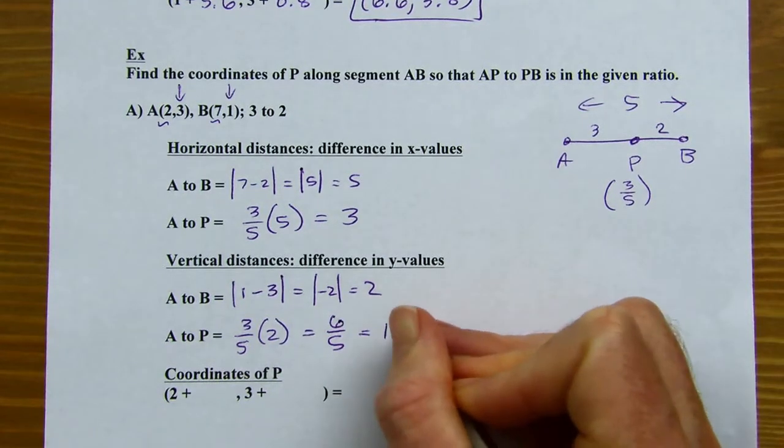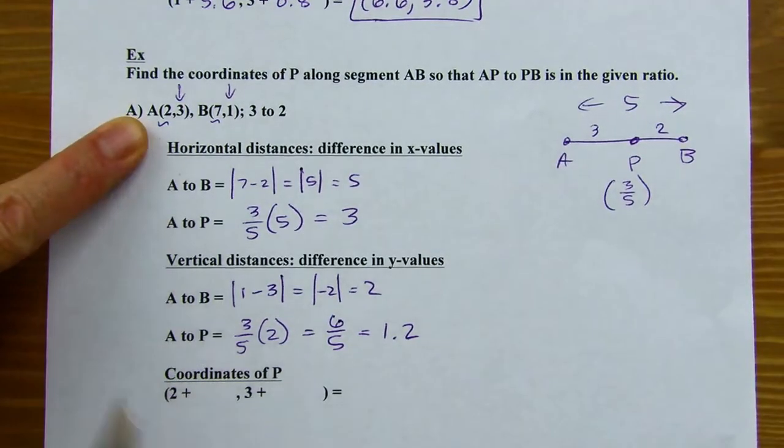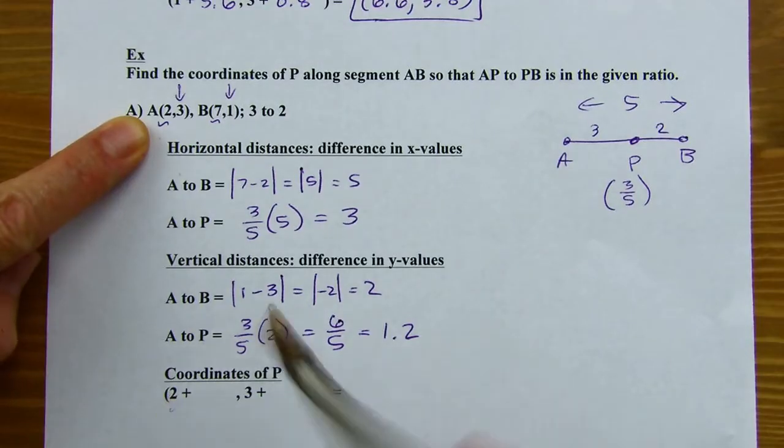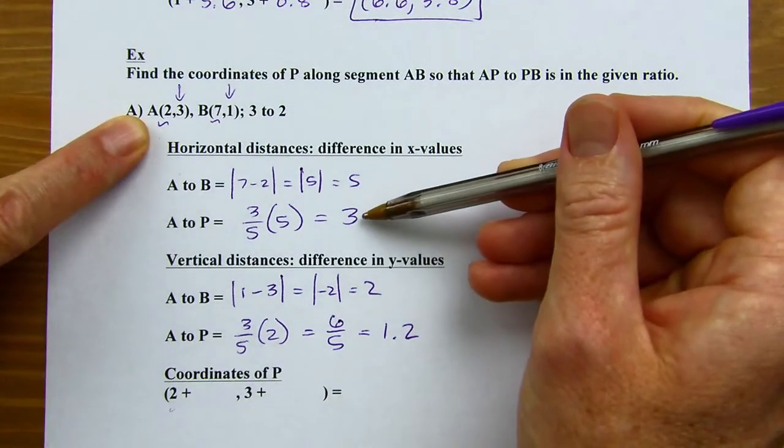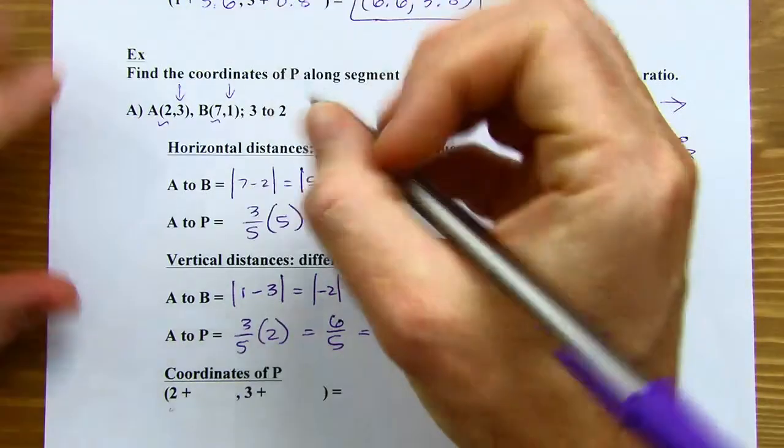All right, there's a little bit of a trick to this one that didn't really happen in the 2 previous problems. I'm starting at 2 from my original x value, and I know my horizontal distance is going to be a difference of 3, so I'm going to add 3 to that. You've got to be careful here.